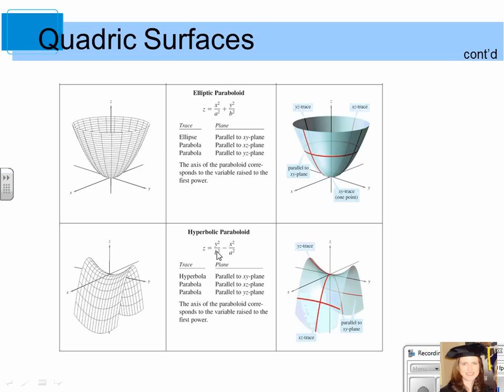So the coefficients there, in this case the y squared has a positive coefficient, so it's a parabola that opens up in the yz trace, and the negative in front of the x squared term shows a parabola that opens down in the xz trace. So we have this hyperbolic paraboloid. We can also refer to this as a saddle shape, kind of like a Pringle.